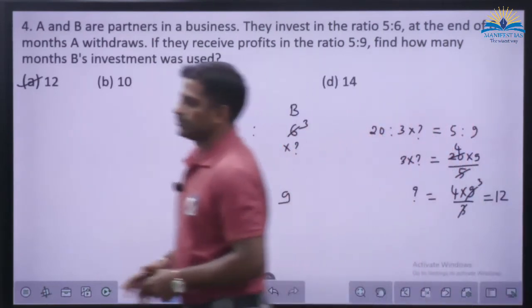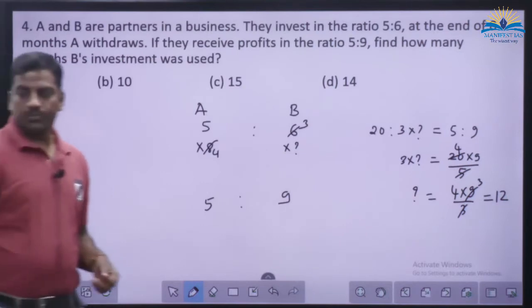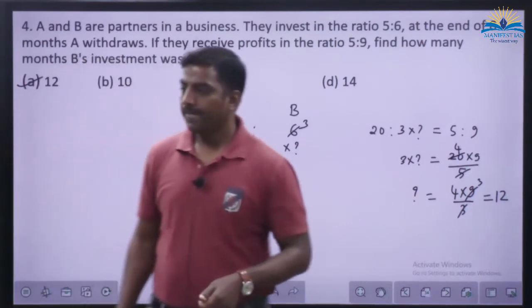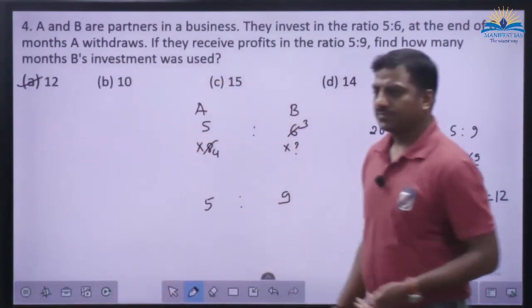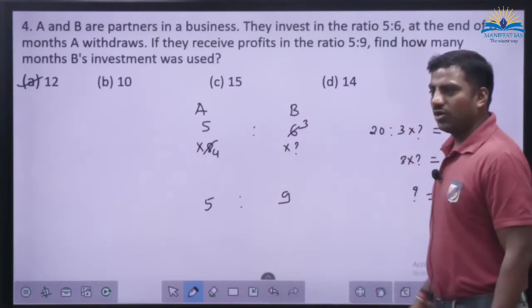Yes? They have not mentioned. Now we got to know that B has invested for 12 months.